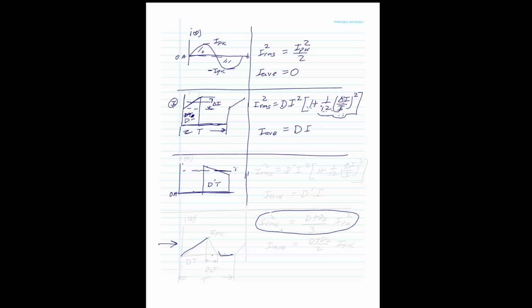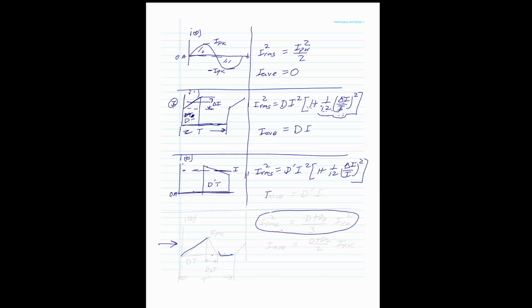Remember, that is the inductor current, which is always that way. And this is I of T. So we come back and find again, after a while you get to know that that's going to be D prime I squared times 1 plus 1 over 12 delta I over I squared.